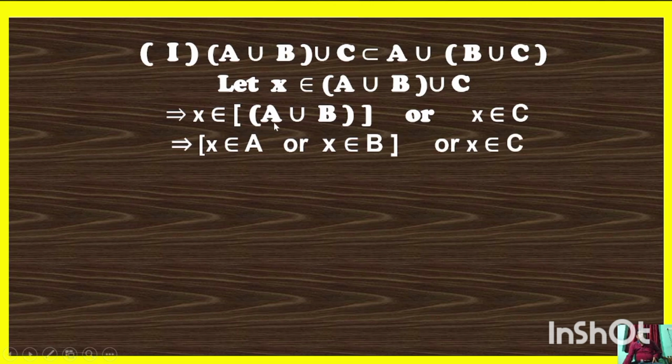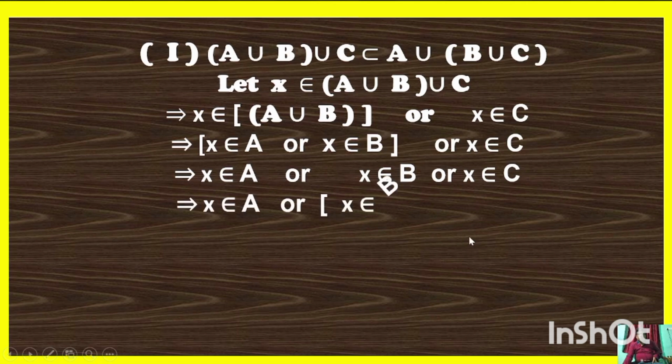And X belongs to A union B means, according to the set builder method, X belongs to A or X belongs to B, or X belongs to C. We can rearrange. We remove the bracket. Understand? Okay, again you see, rearrange.